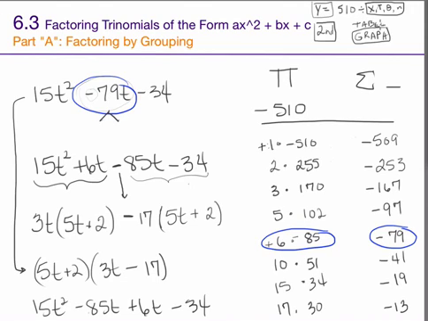What we're asking the calculator to do is to give me a table of 510 divided by x, where x keeps changing. So it's going to give me a table of 510 divided by 1, 510 divided by 2, 510 divided by 3, divided by 4, divided by 5, and so on.